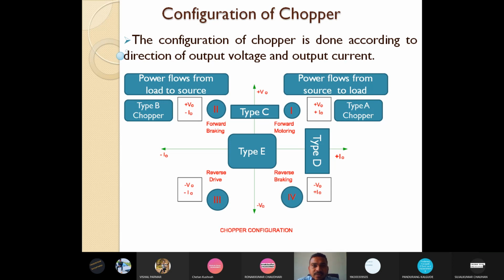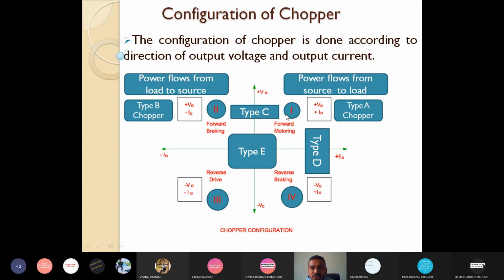So this is the diagram of configuration of chopper. In this diagram, on x-axis we have taken the output current, and on y-axis we have taken output voltage. Here is the positive output current, here is the negative output current, here is the positive output voltage, and here is the negative output voltage.